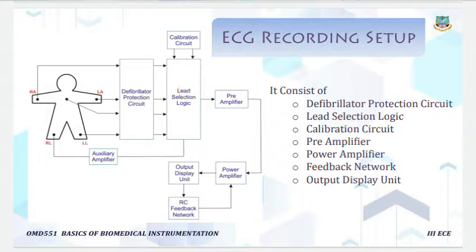Then the calibration circuit. In this portion we will select the types of lead. Due to that selection, if there are any artifacts, they will be cleared by the calibration circuit.